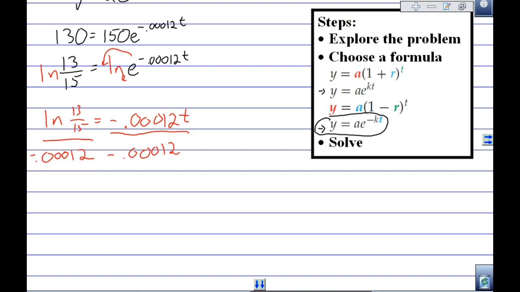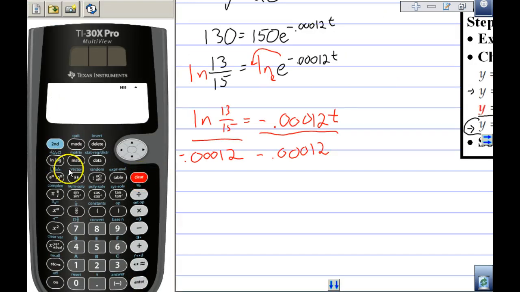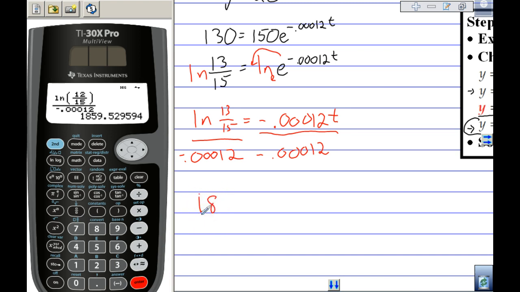And let's calculate. So fraction, natural log of 13 over 15, and divide by negative 0.00012. Alright, so we get approximately, I'm going to go with 0.5 approximate.